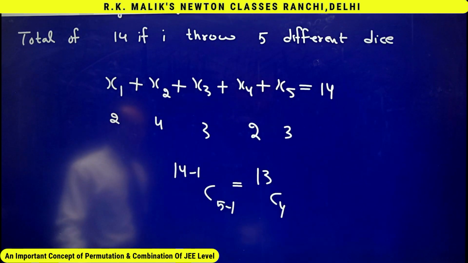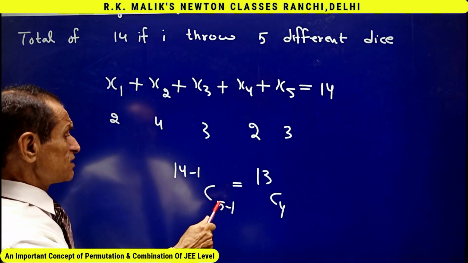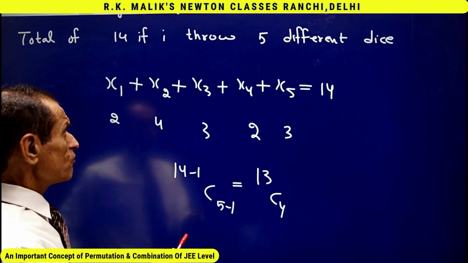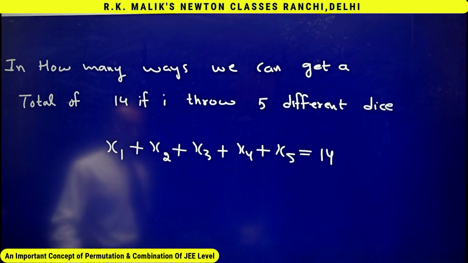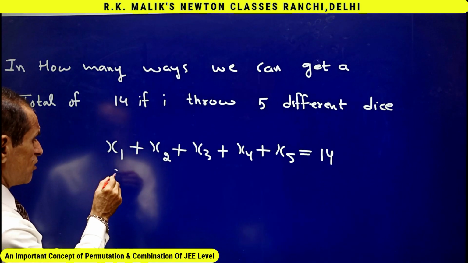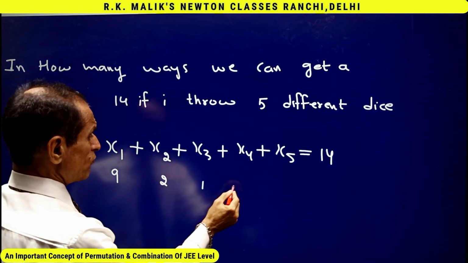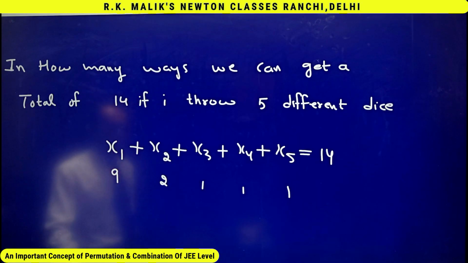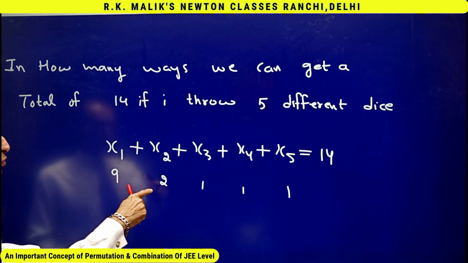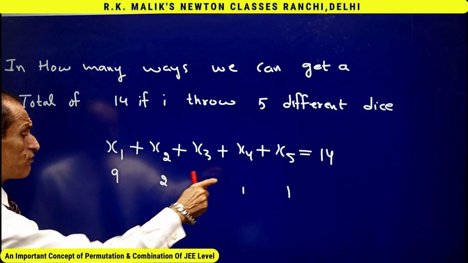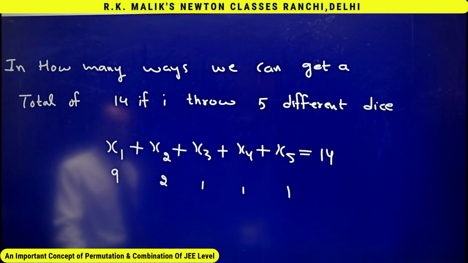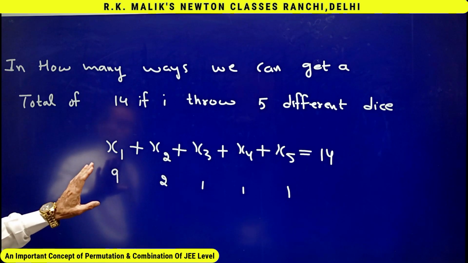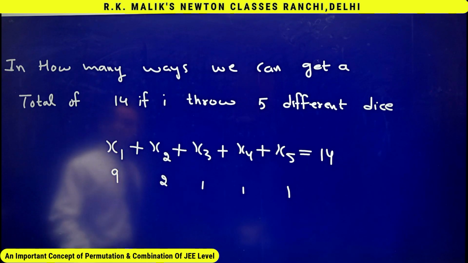But the value of 13C4 will be more than 540, because in 13C4 many cases have come which should not have been counted. For example, the case 9, 2, 1, 1, 1. This would mean the first die is 9, second die 2, third die 1, fourth die 1 and fifth die 1. But it is not possible because on any die 9 cannot come. But if I am finding the number of natural solutions, this will be a solution.